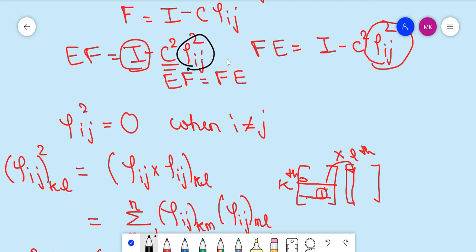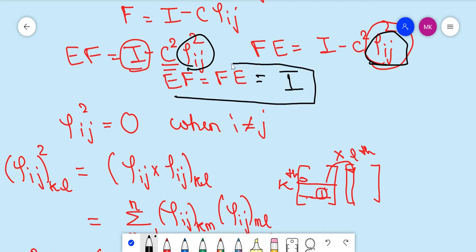This term and this term, we've proved that they are 0, so EF is equal to FE is equal to I, and hence we've proven that the elementary matrices corresponding to row operations are invertible, and this also proves that all the row operations are invertible, because now you can see that the changes done by E are nullified by changes done by F.